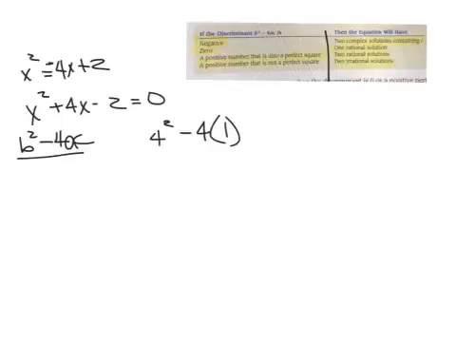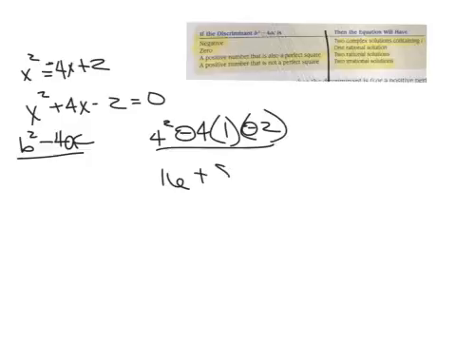You always have to set it equal to 0 to use the quadratic formula. But we're not using the whole quadratic formula. We're only using this part of it. So let's put 4 in for b. What's my a? My a is 1 in front of the x squared. My c is negative 2. Okay, let's solve that. 16, a negative and a negative give me a positive, equals positive 24.